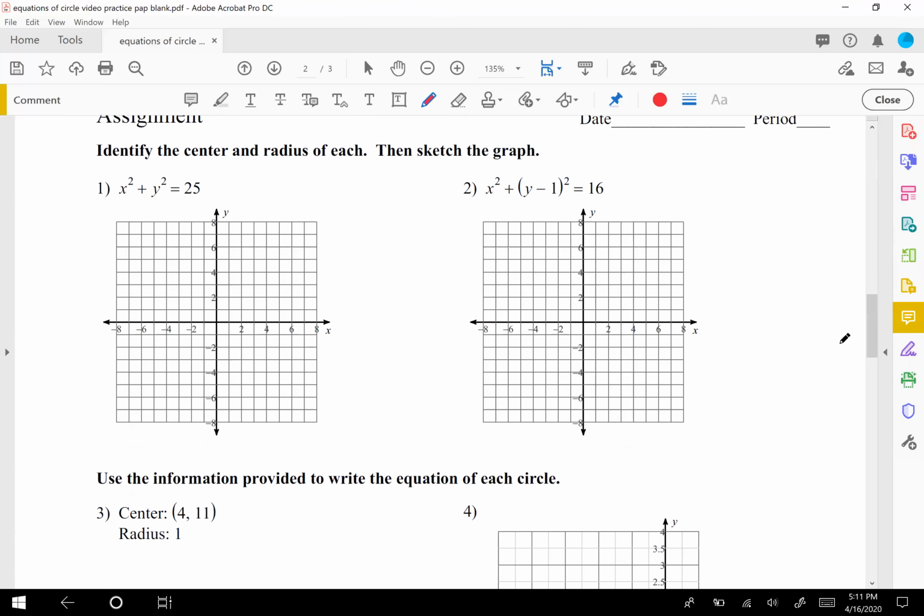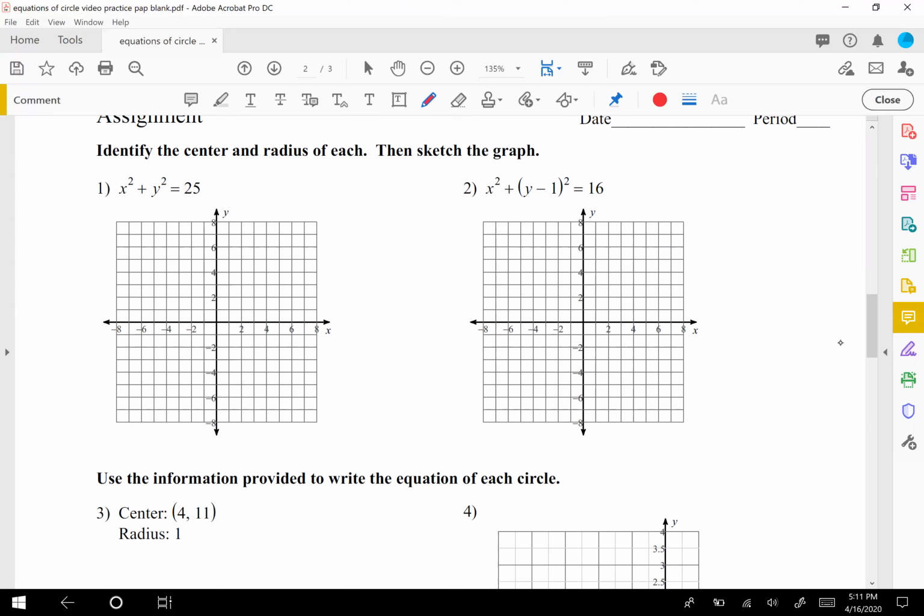So first one, it's x² + y² = 25. You don't see the whole x minus h, y minus k thing, right?